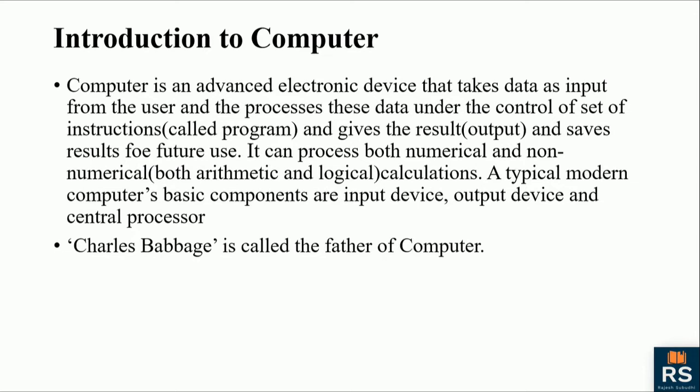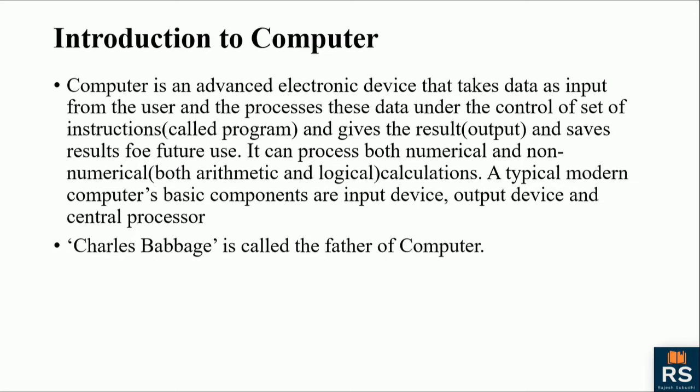As we all know, Charles Babbage is called the father of computer, but the computer designed by Charles Babbage was only a calculator, a type of calculator which can perform calculations. Typically, in a modern computer we have different parts such as input device, output device and central processor.